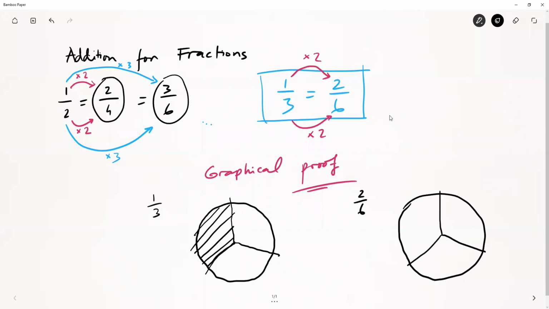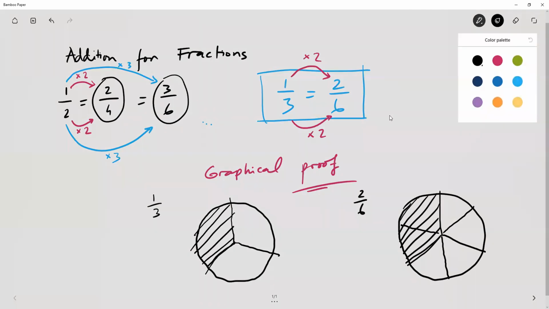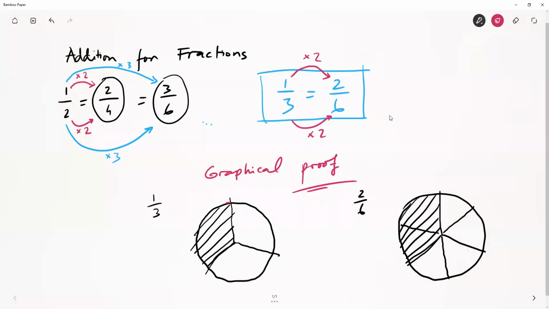Now we have 6 equal parts, and 2/6 is simply 2 parts out of 6. And if they can provide this explanation, it will be something very nice. They will tell us that this part and this part are equal. That's why 1/3 and 2/6 are equal.